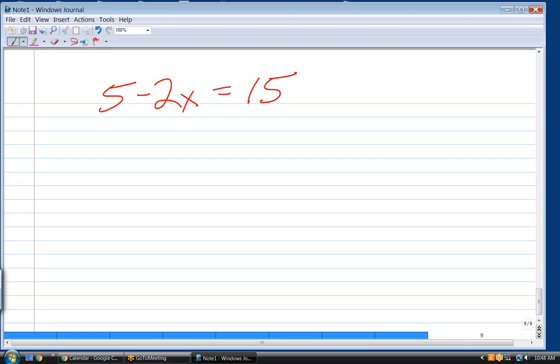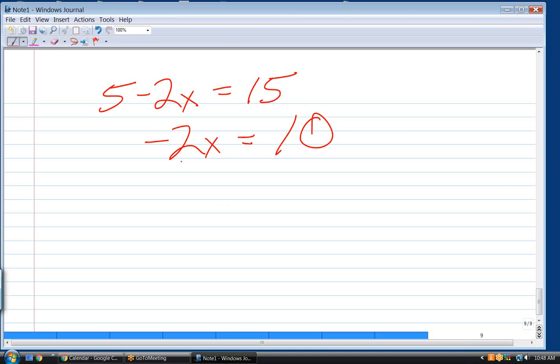First step. What I usually ask people to do is read me the next line. Okay, so it's going to be minus 2x equal to 10. And the next line. It's going to be minus x, or x. The reason I wrote x is, I see what you were doing.